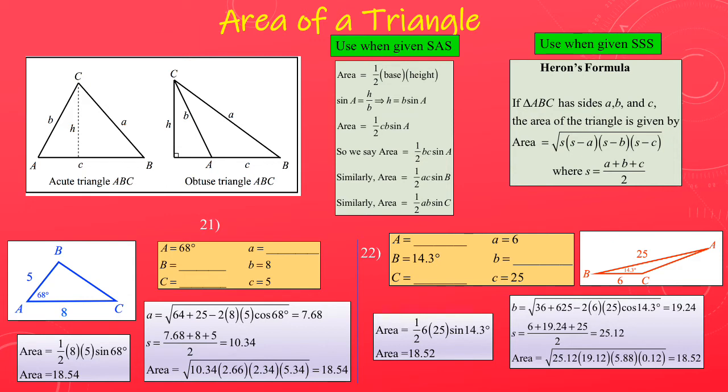So therefore the area is equal to the square root of 25.12 times 25.12 minus 6, which is 19.12, times 25.12 minus 19.24, which is 5.88, times 25.12 minus 25, which is 0.12. And our answer is exactly the same, 18.52.